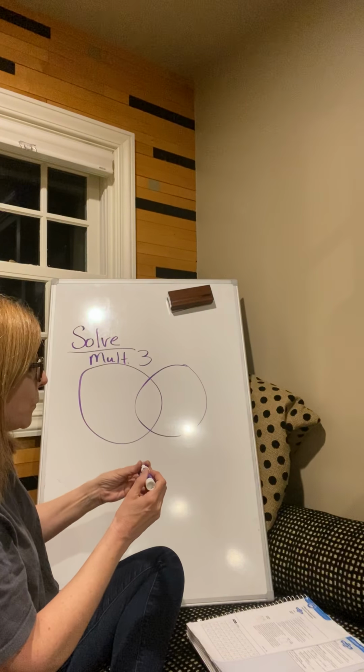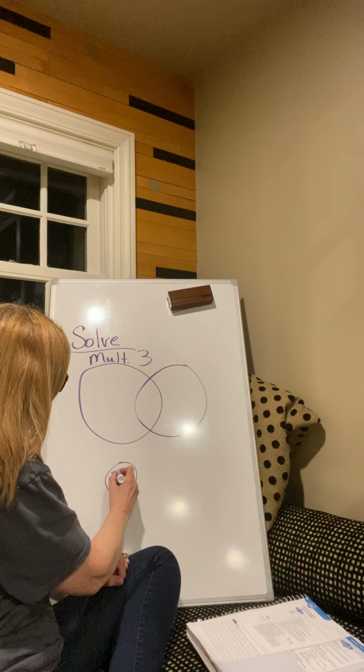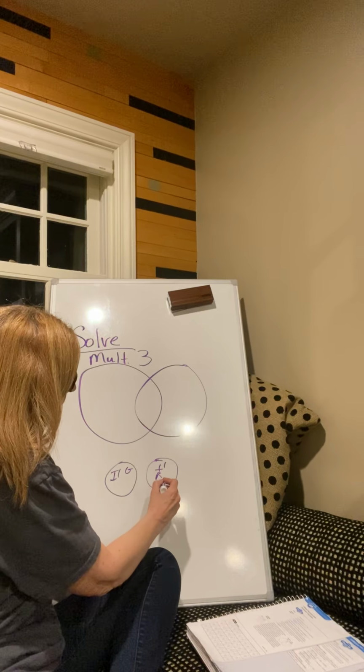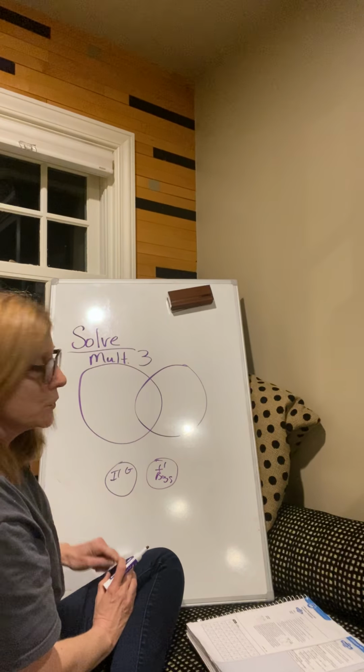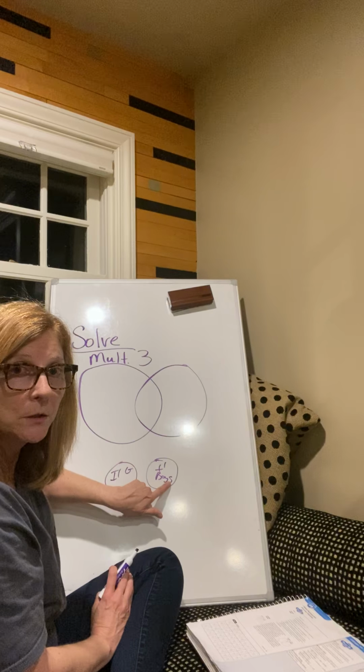So the example I gave you was, if this circle was first grade girls and this was first grade boys, there's no boys that'll go in the girls circle, there's no girls that'll go in the boys circle.